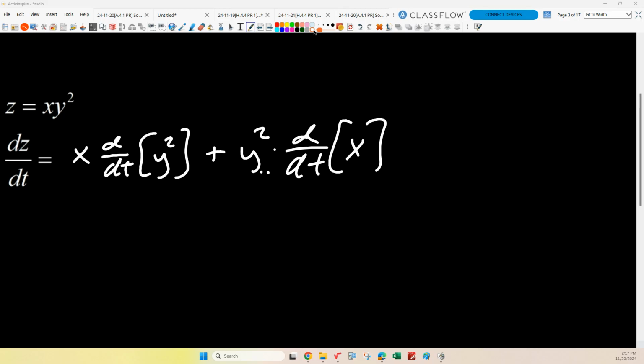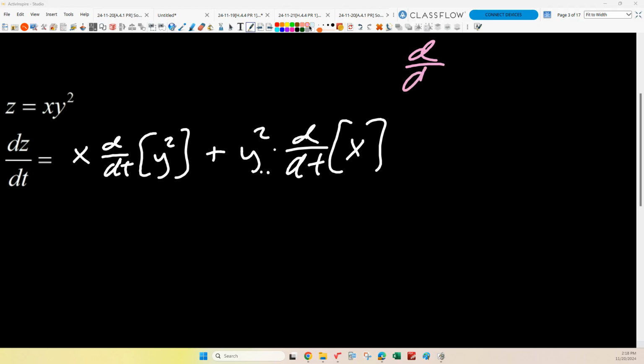Okay, how many layers are there? There's 2, yeah. Because I'm differentiating this not with respect to y, I'm differentiating it with respect to t. Even if I was differentiating it with respect to y, there really is an invisible second layer there, right? What if I did that?